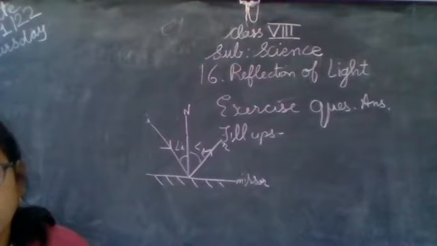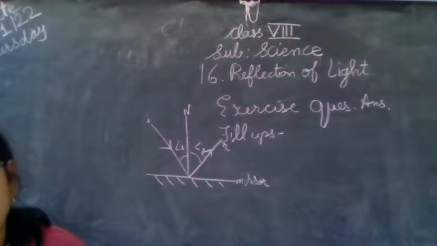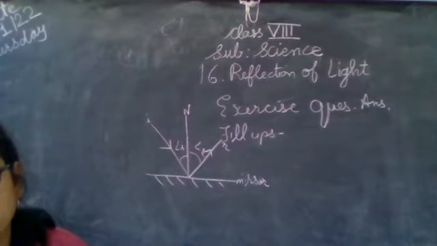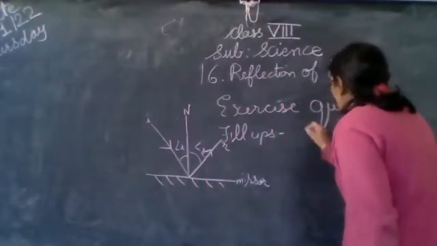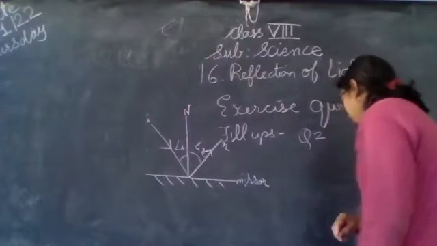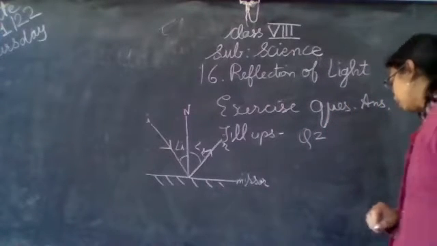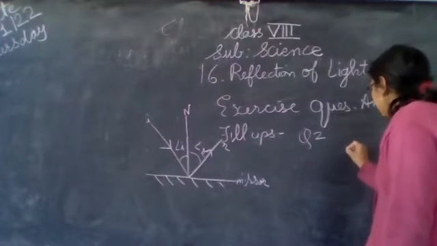The reflecting surface of two mirrors makes an angle of 90 degrees with each other. So what we have to draw here is, for question number 2, the reflecting surfaces of two mirrors.